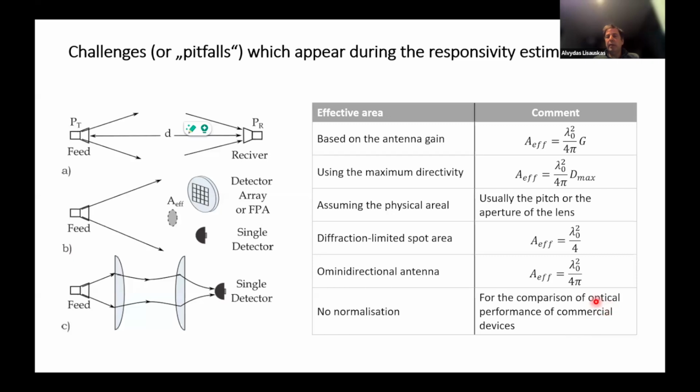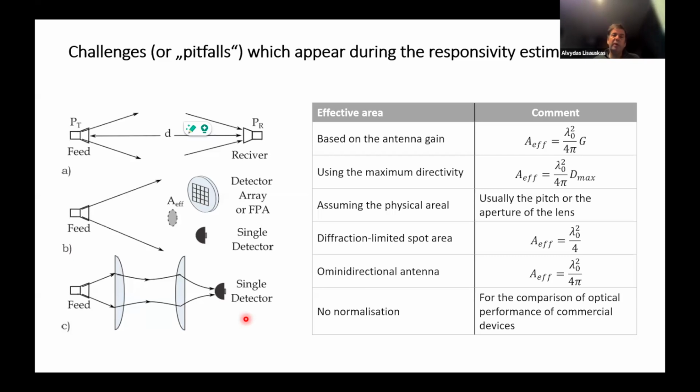And this is seldom done, because typically we scientists, when we create our devices, know that we lose so much, and then we say, based either on antenna gain or just on a detector area, and mix that.